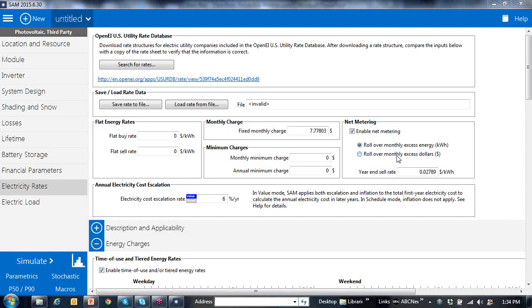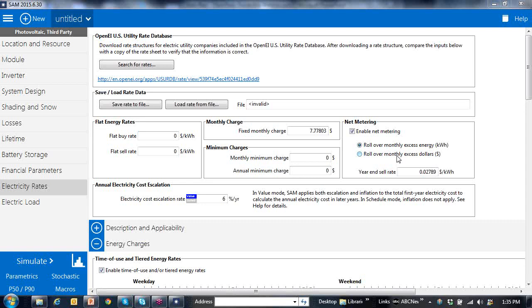So these two net metering options: rollover monthly excess energy means that any excess kilowatts produced by the system over the electricity requirement of the building gets rolled over to the next month and effectively reduces your monthly consumption.